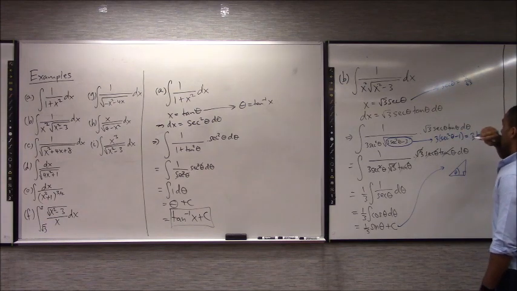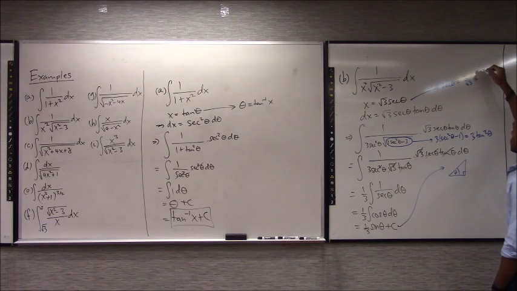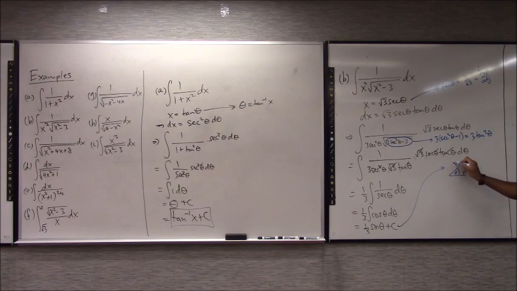Secant is hypotenuse over adjacent, which means the hypotenuse is x and the adjacent is radical 3. Pythagoras' theorem tells you that the remaining side is the radical of x squared minus 3. And from that we can find what the sine of theta is. Sine is opposite over hypotenuse.